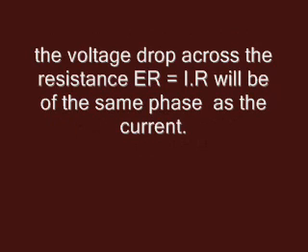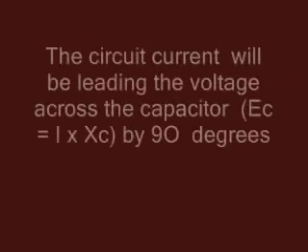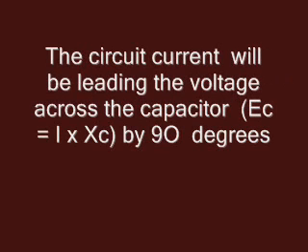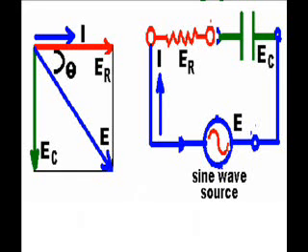The voltage drop across the resistance, ER equal to I into R, will be of the same phase as the current. The circuit current will be leading the voltage across the capacitor, EC equal to I into XC, by 90 degrees.